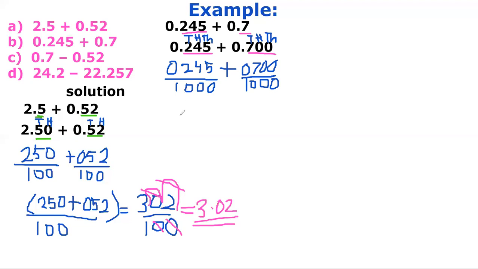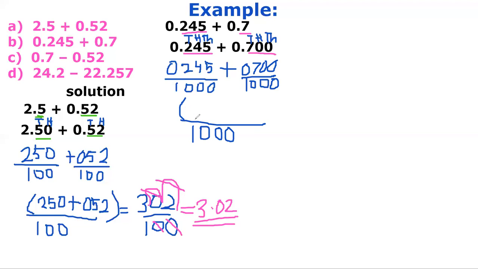Now because we have the same denominators here, you choose one of the denominators. Okay, then the action there is what? Addition. So which means that we are going to add the numerators.